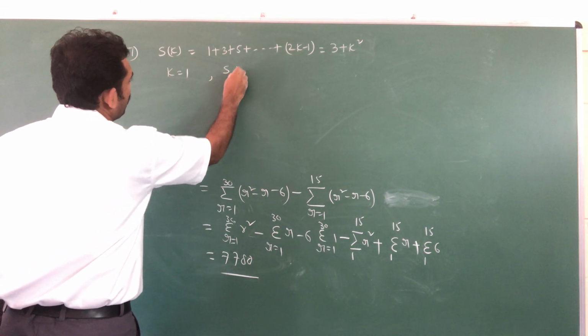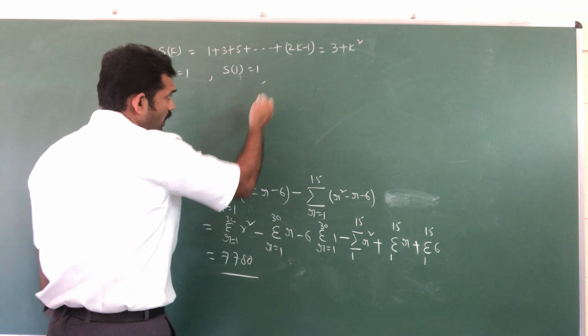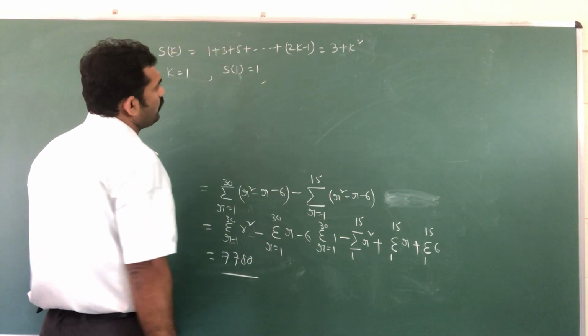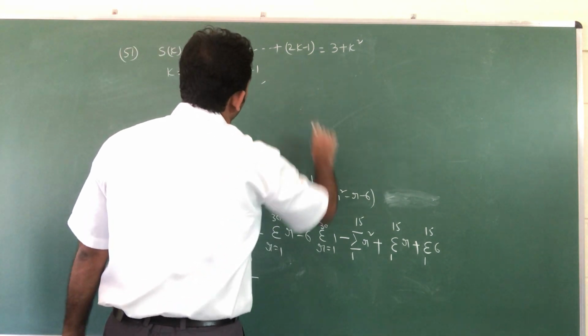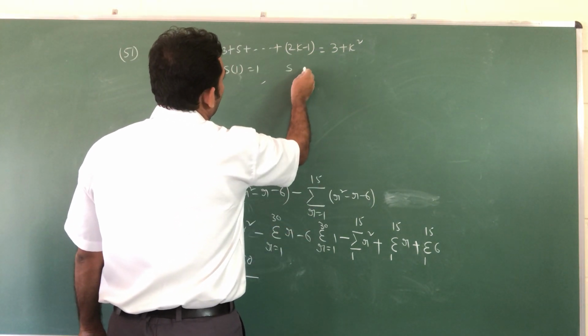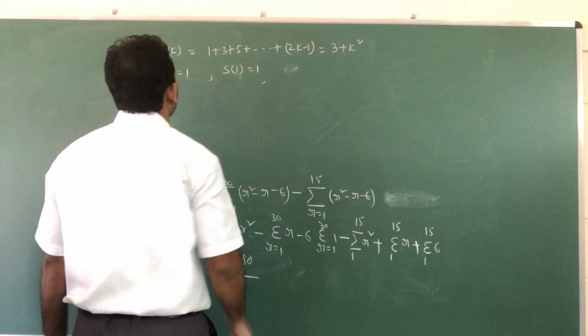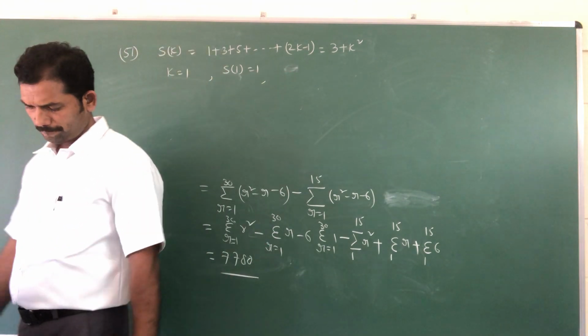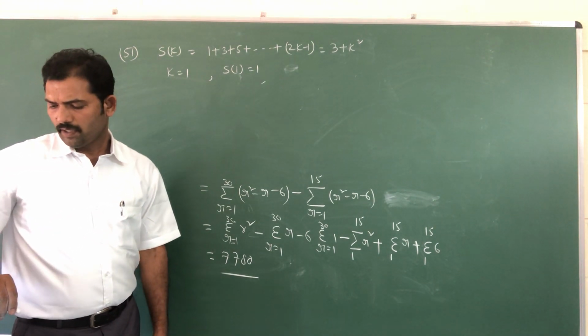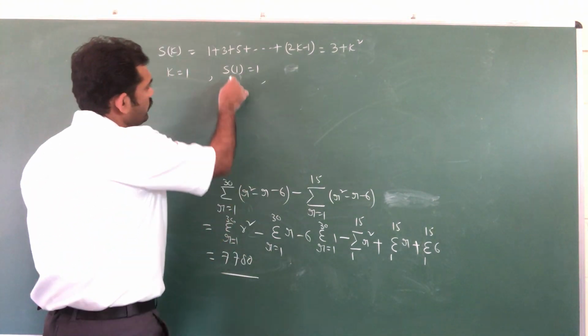S of 1 is equal to 1 on the LHS, and on the RHS, with k equal to 1, 3 plus 1 is 4.